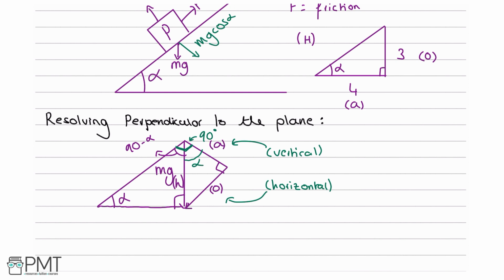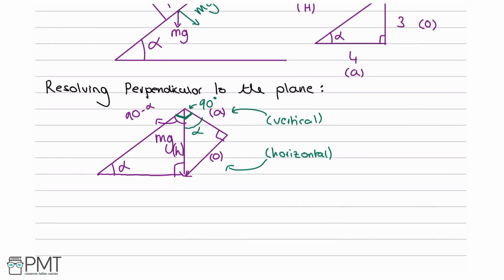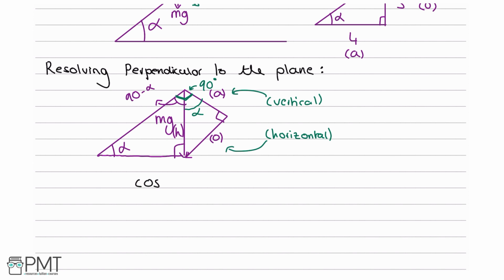Using the fact that cosine alpha, the cosine of an angle, is the adjacent over the hypotenuse, if we rearrange for the adjacent, which is the vertical component, we get A equals h cosine alpha, and then h is mg, so the vertical equals mg cosine alpha.